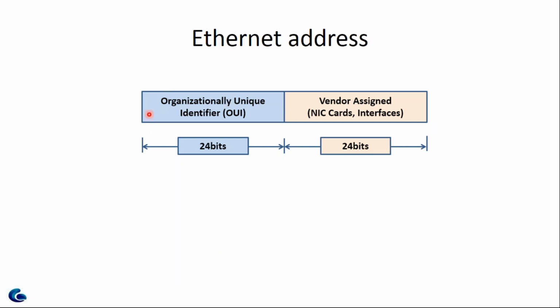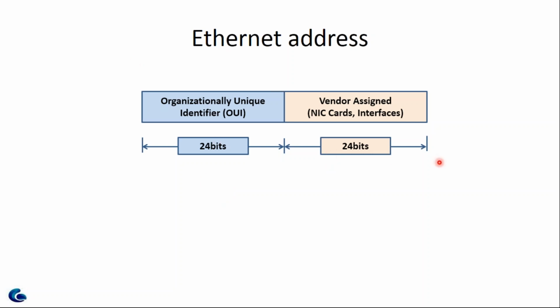So the first 24 bits of the MAC address, or an Ethernet address, identify the manufacturer, like Cisco, maybe Juniper, Brocade, HP, Alcatel-Lucent, Samsung, Nokia, or Motorola, whoever is making it. So it identifies the organization.